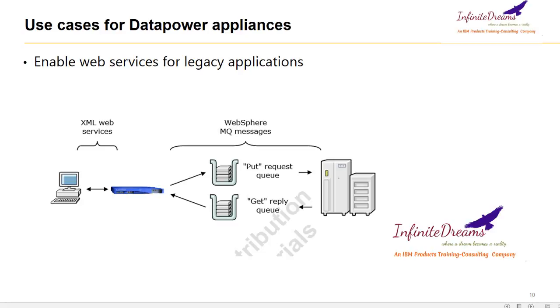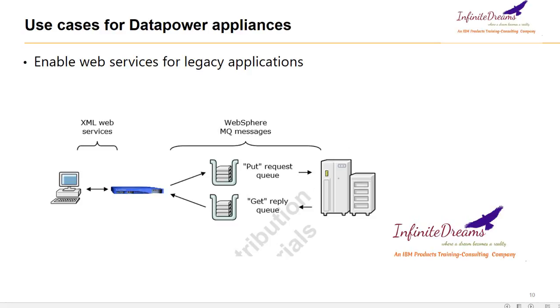As you see in this diagram, from the client, the request is coming to the DP box in the form of XML web services. Since web services normally use XML as the message format, you get the request in the form of XML, and this legacy system understands messages in the form of COBOL.